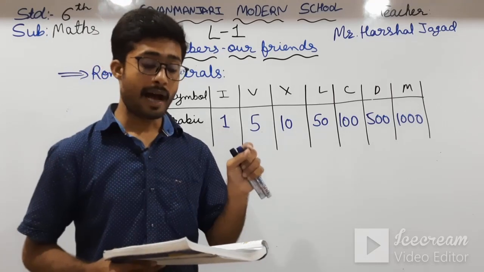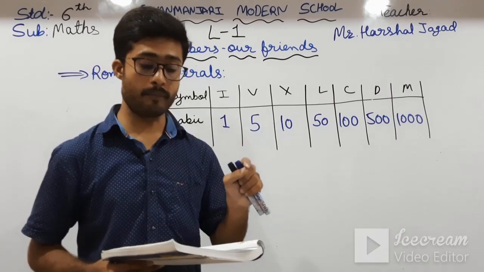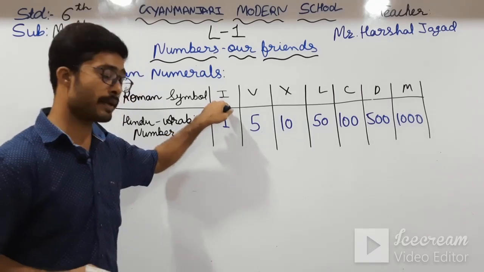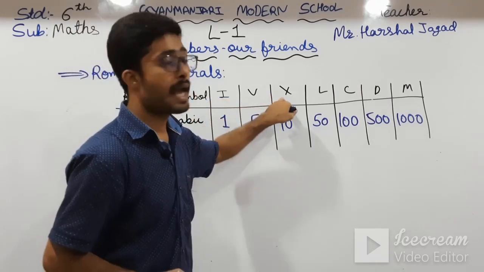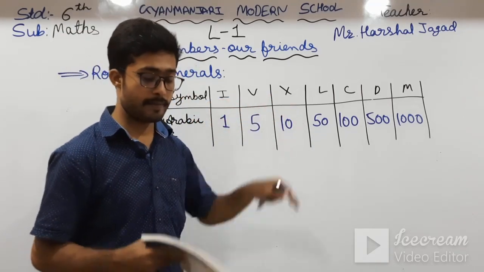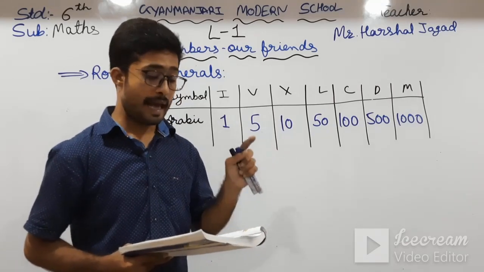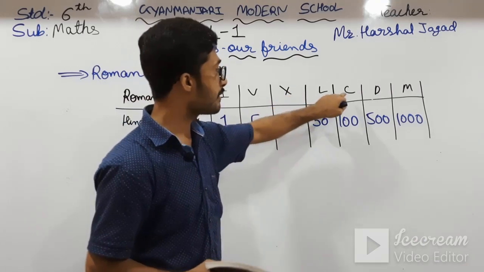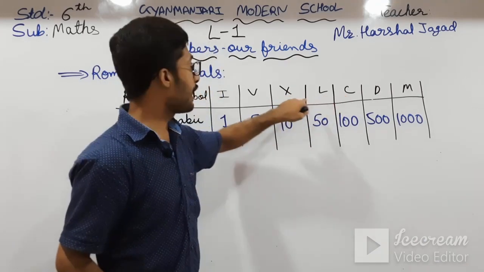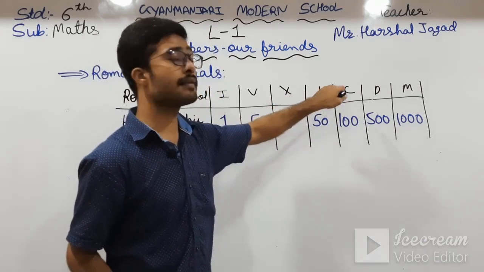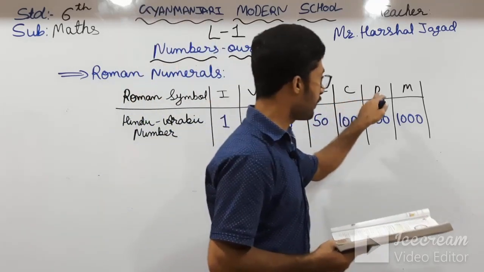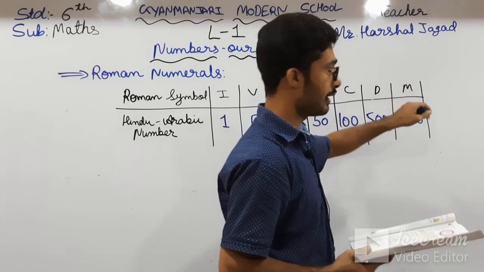Next, 6b, I can be subtracted from V and X only. Okay, students. Next, X can be subtracted from L and C only, and C can be subtracted from D and M only.